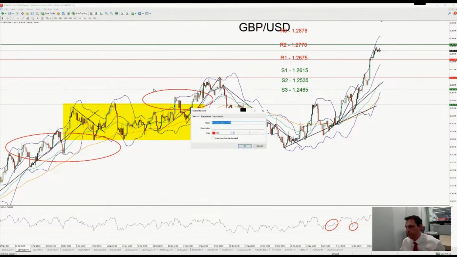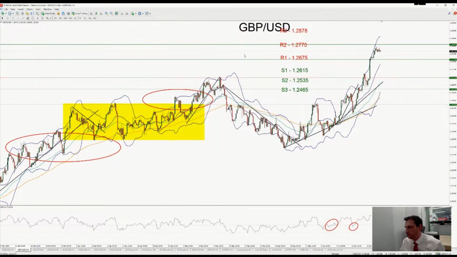These two have been turned now into support lines. Actually, I would be raising it a little bit in order to meet this peak here.